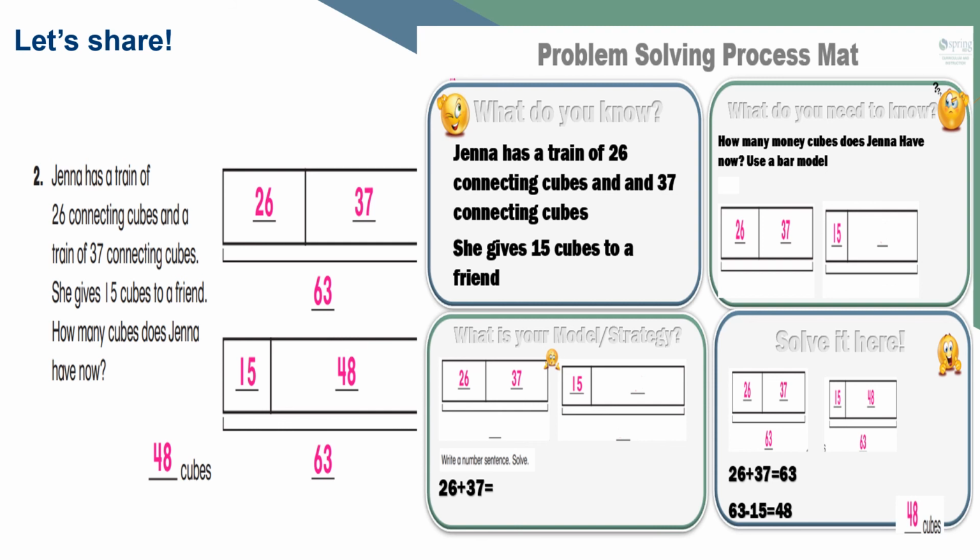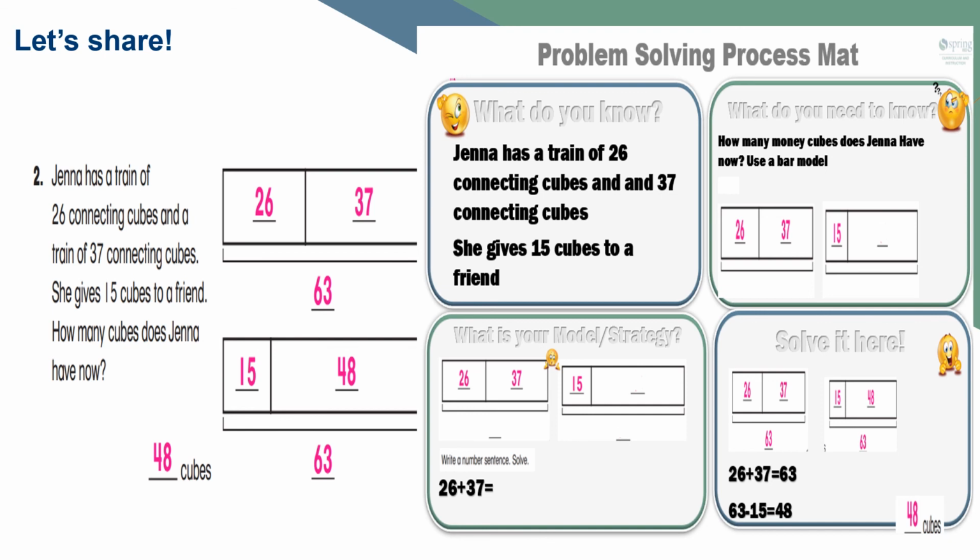But I'm going to read the problem again. It says, how many cubes does she have now? So I'm going to go back to box number 2 because we only talked about how much she has altogether, but we need to figure out the rest of the problem because in box number 1, it says she gave 15 cubes to a friend. So in box number 2, I have to do another bar model where I have 15.